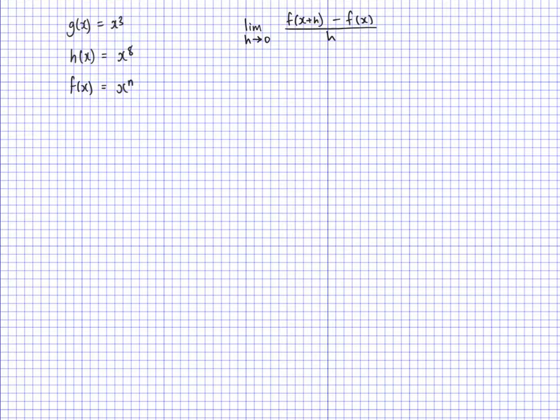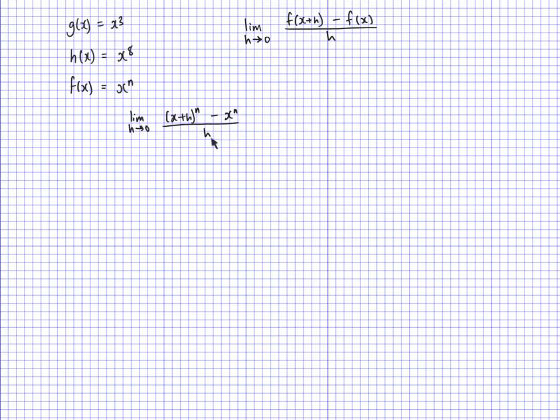So we start by taking the limit as h goes to 0. f of x plus h: if I put x plus h here, this would be x plus h in brackets to the power of n, and take away f of x, or just x to the power of n, over h.